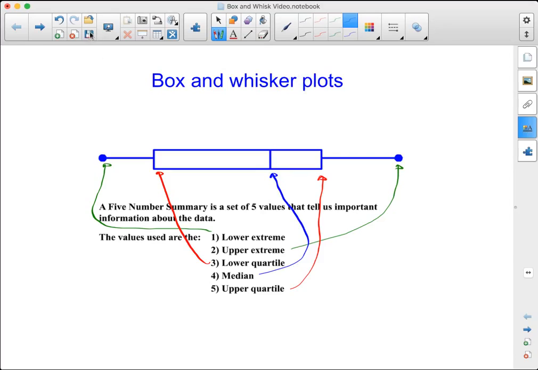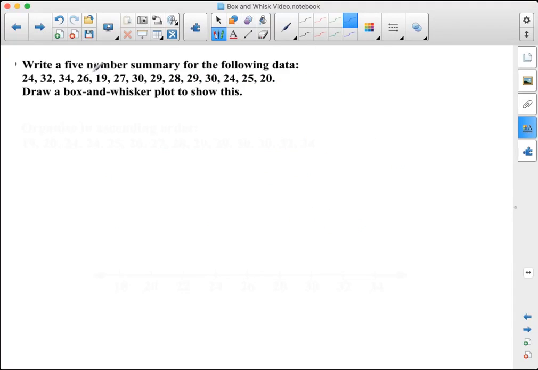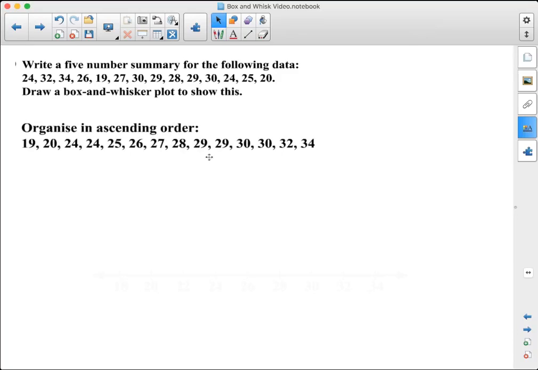Now let's look at an example. Write a 5-number summary for the following data and draw a box and whisker plot. Well, in order to get a 5-number summary, I will need to organize this data in ascending order, so from smallest to largest. And I've already done that here. So this is the same data organized in ascending order.